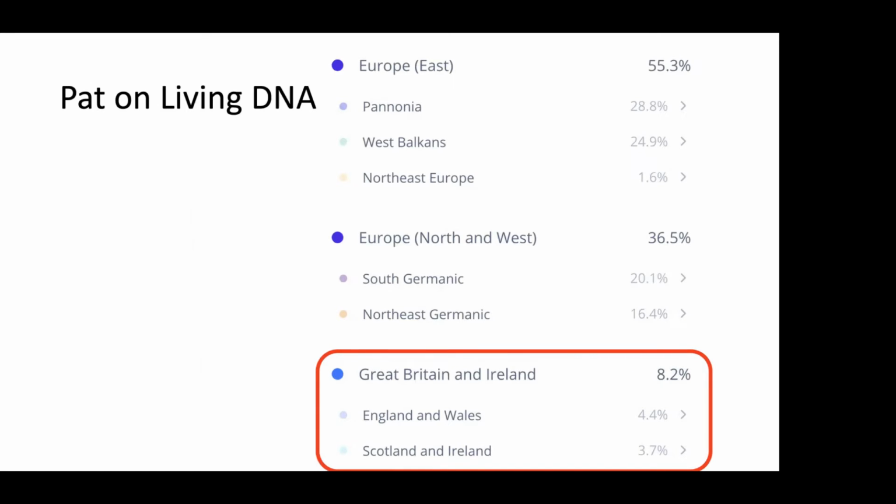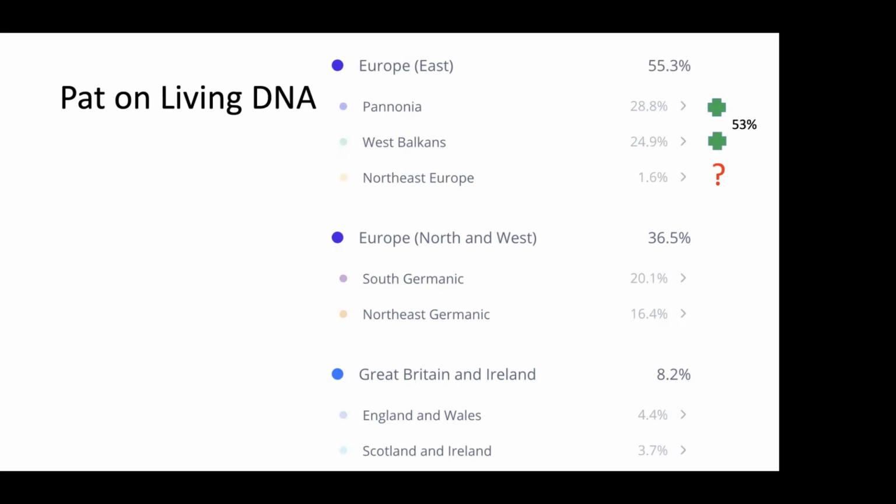Living DNA is known for breaking out British ancestry into subregions. It breaks mine into 9 of them, but it only places Pat into 2 larger groups. Living DNA has a pretty specific region called West Balkans that includes Croatia.